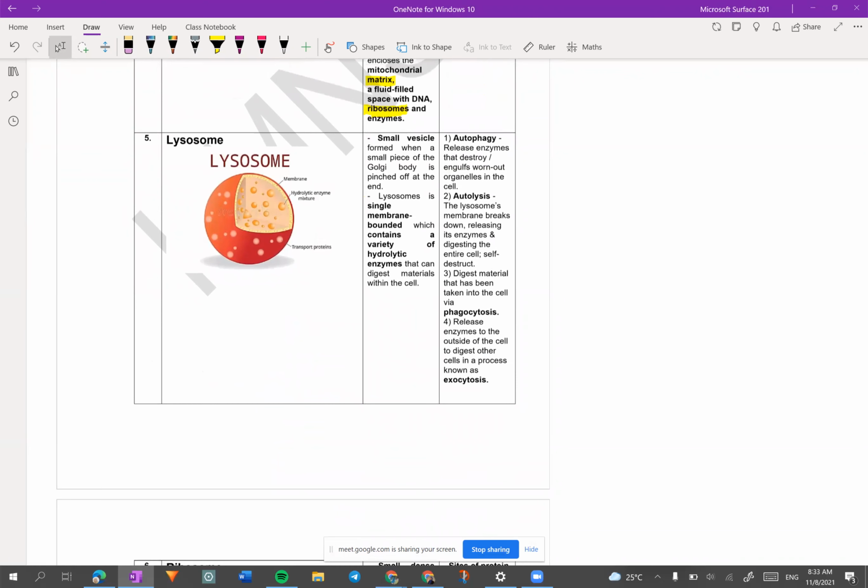Okay, next kita tengok lysosome. So lysosome is a very small vesicle, single membrane bounded with variety of hydrolytic enzyme. Can anyone tell me what hydrolytic enzyme do? Can anyone?